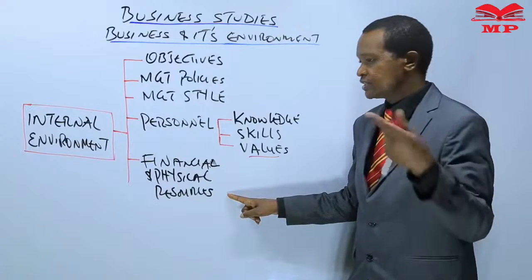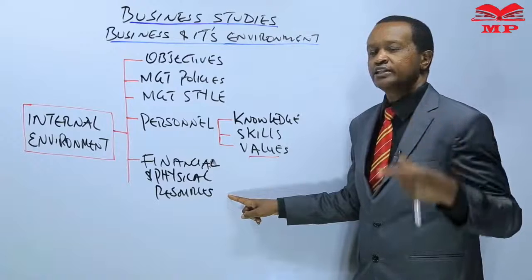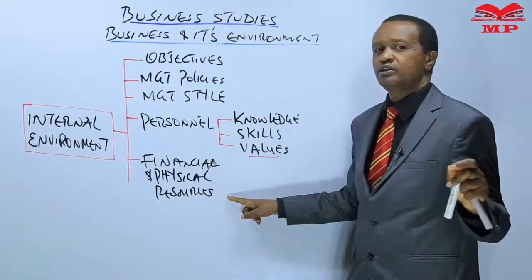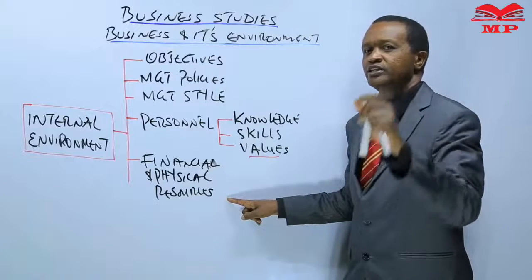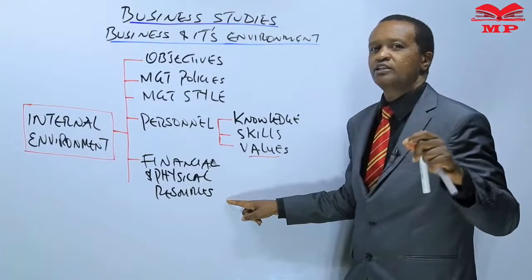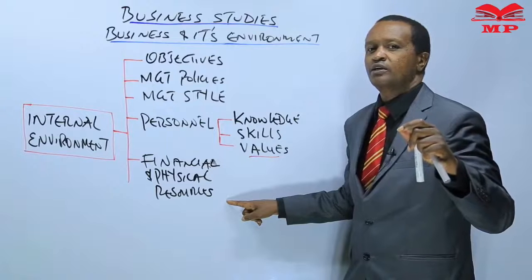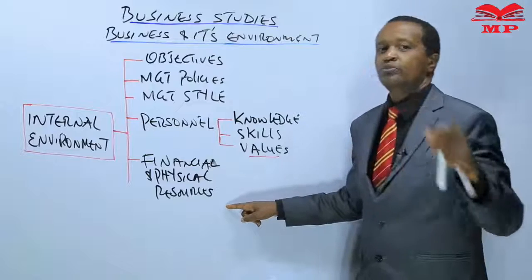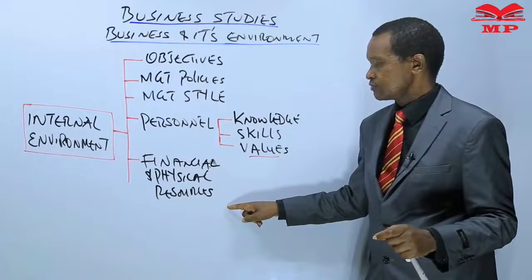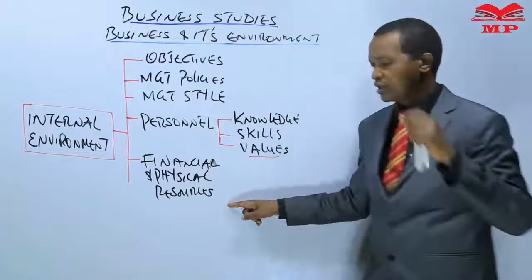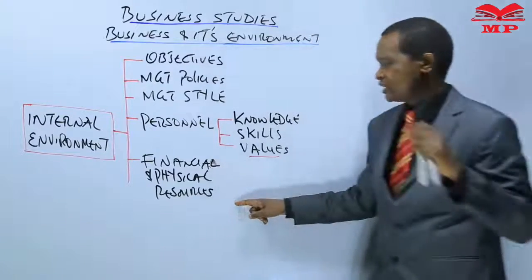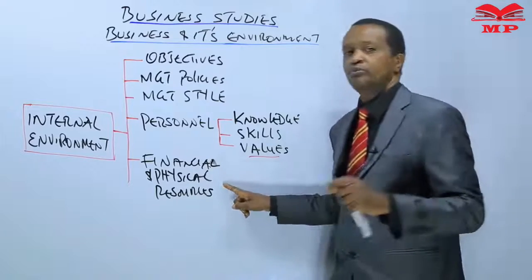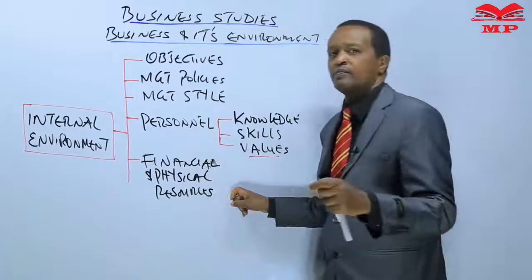So if a business intends to produce a new product or a new good, it must determine whether the existing production facilities such as machinery, equipment will be used. So if a company or a business wants to introduce a new product in the market, it has to consider whether the existing physical resources like equipment will be used to produce the new product.